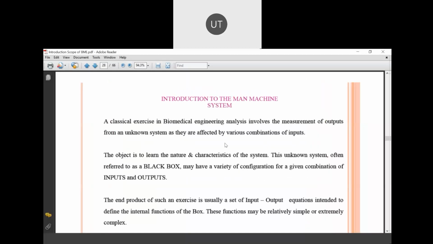So the man-machine system is there. What is this man-machine system? The man-machine system is a classical exercise in biomedical engineering analysis which involves the measurement of the output from an unknown system. Our body system, or ourselves, we can consider as a black box, because it has different systems.